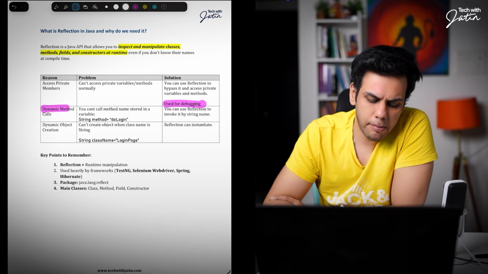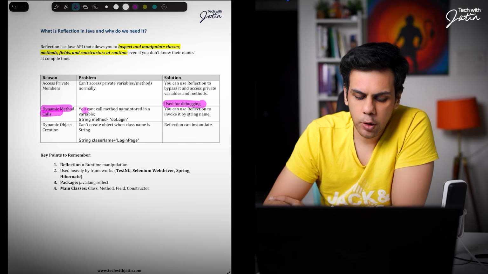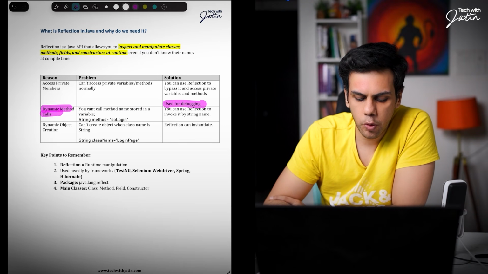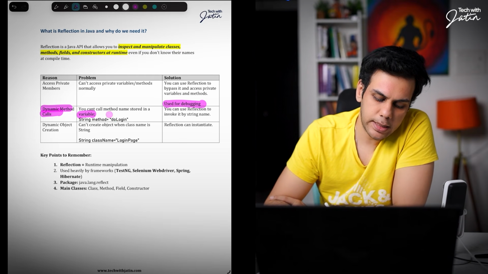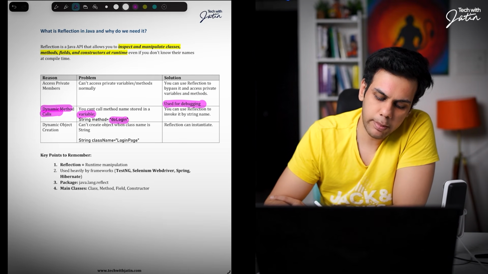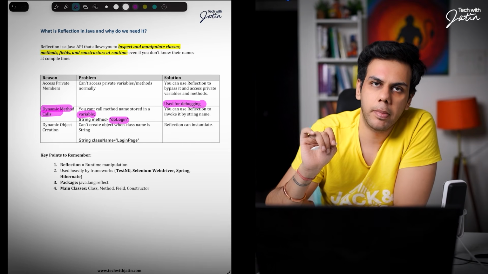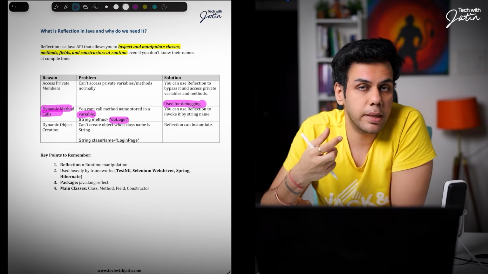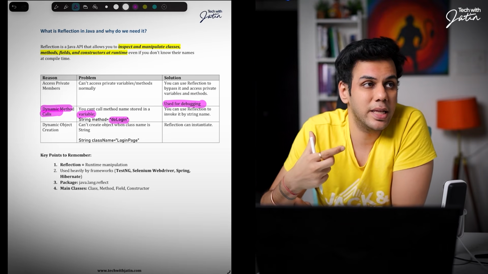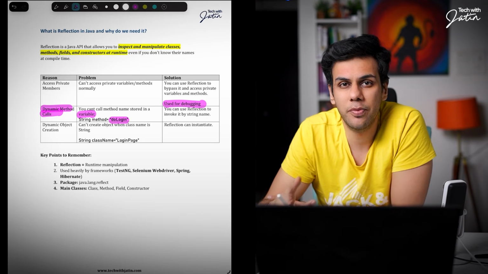Then dynamic method calls. You cannot call a method whose name is stored in a variable. So let's imagine you have a method name doLogin which is in string format. I cannot call it if the method name is in string format, because then you're technically using an object reference.